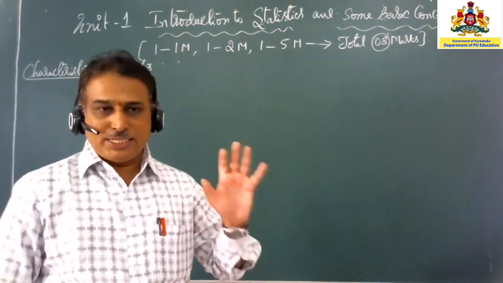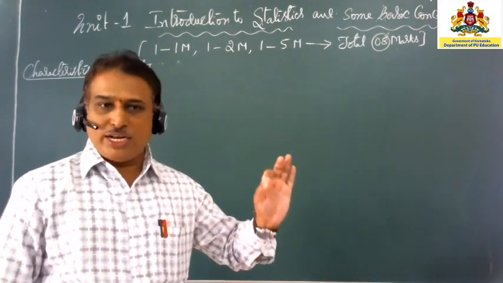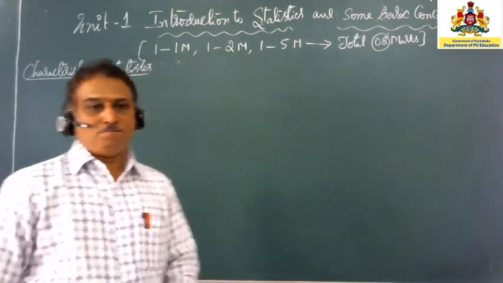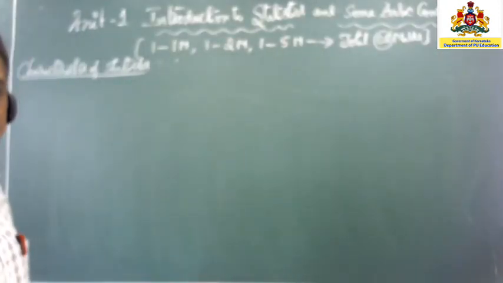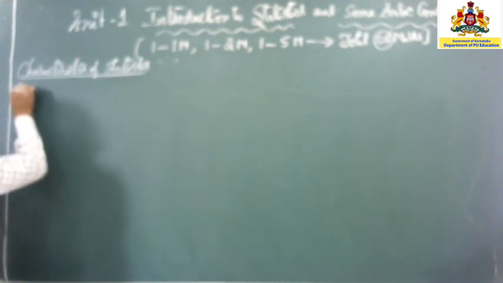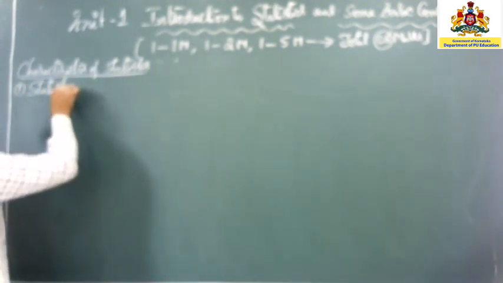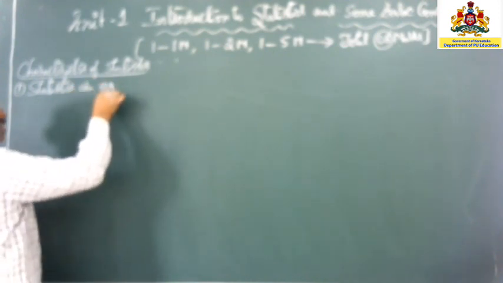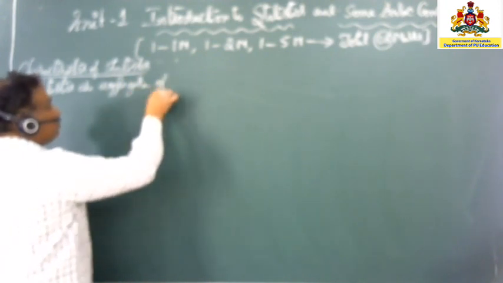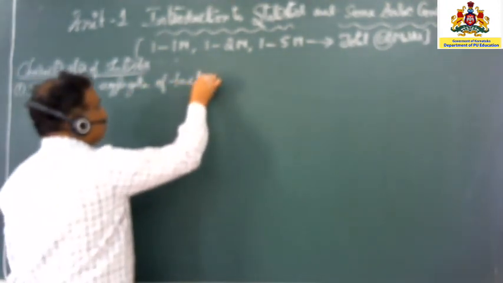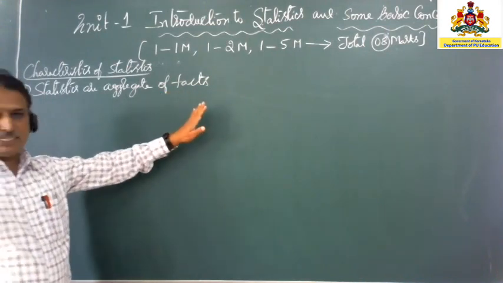This definition is nothing but characteristics of statistics, and also we may call them features of statistics. First one is statistics are aggregate of facts. This is the first characteristic of statistics.